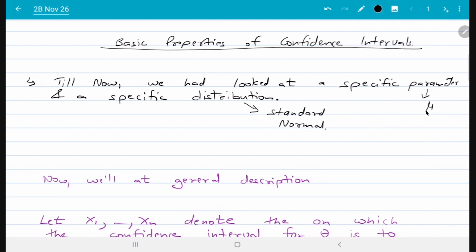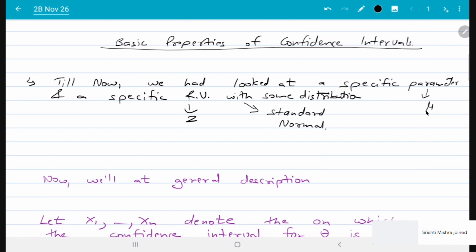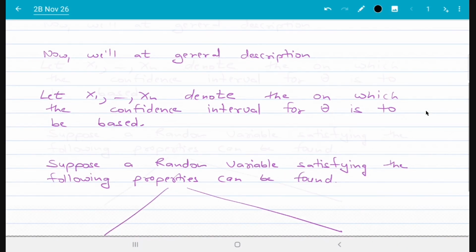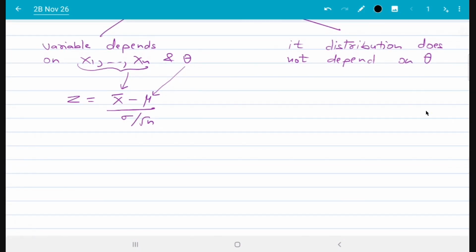And a specific random variable with some distribution. So till now, that specific random variable was the standard normal random variable Z. Of course, it had a standard normal distribution.